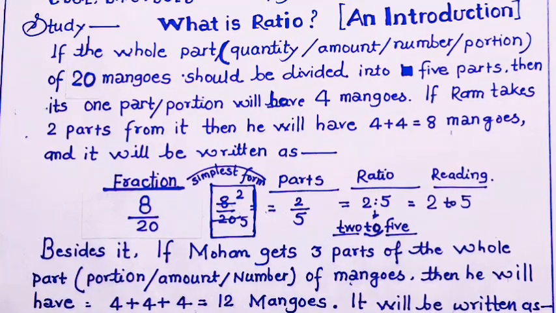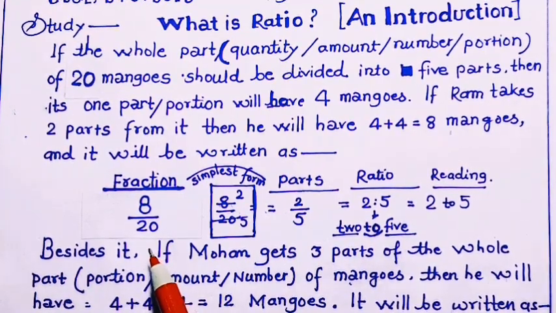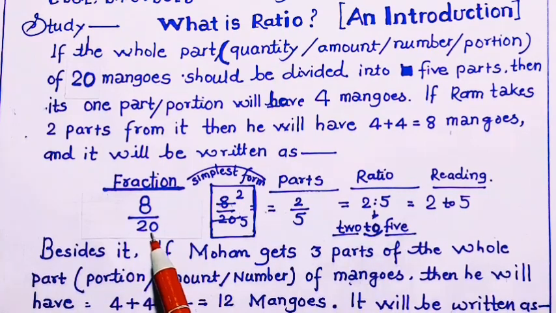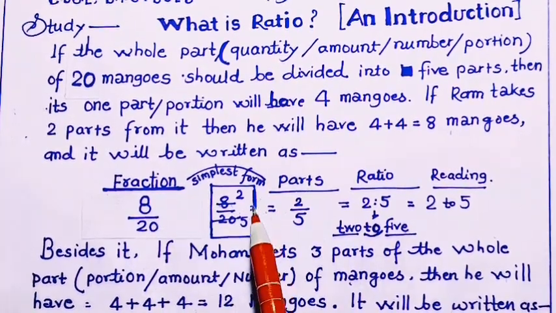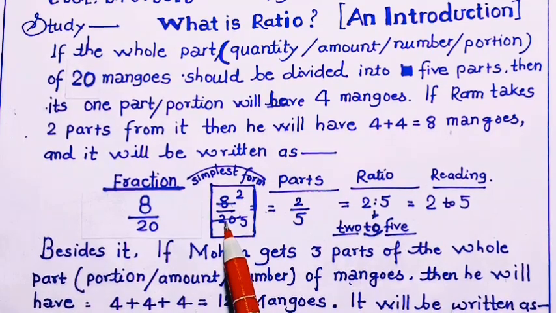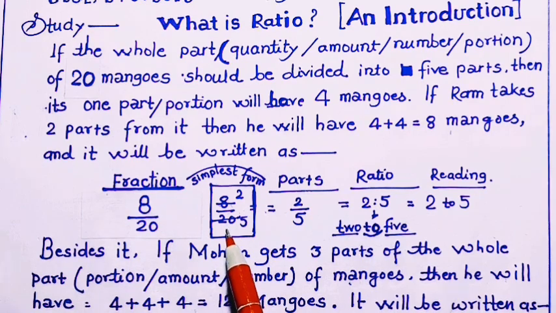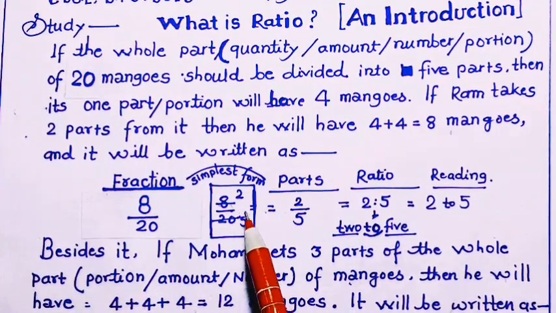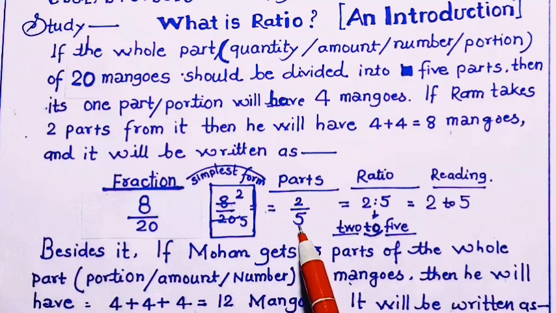When this number is changed into the simplest form, the new number will be 2 and 5.